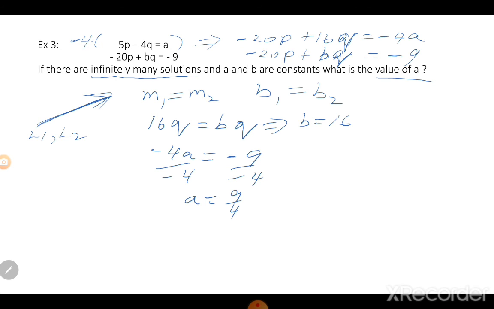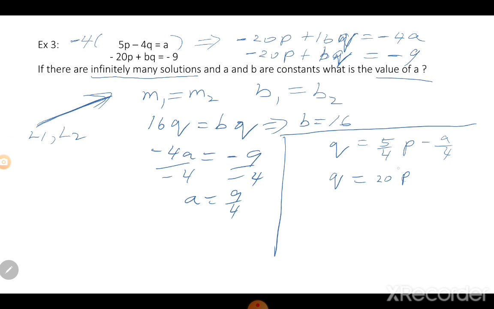So without showing the work, the first equation, solving for q, we get q is equal to 5 over 4 p minus a over 4, and the second equation, solving for q, q would equal 20 p over b minus 9 over b.